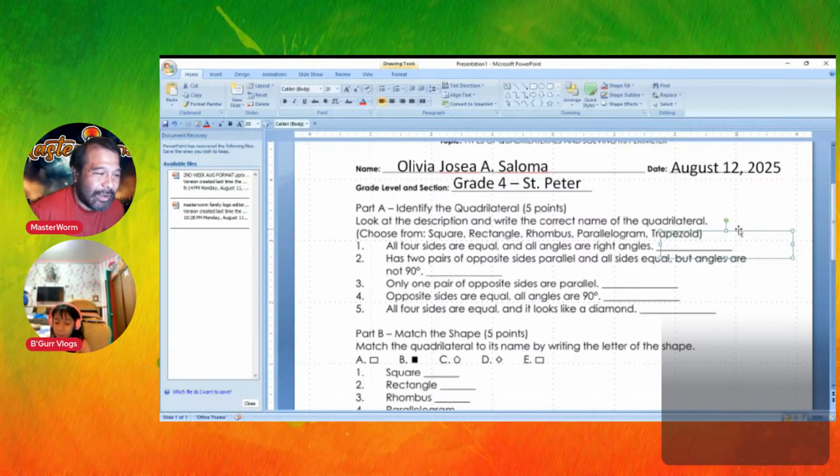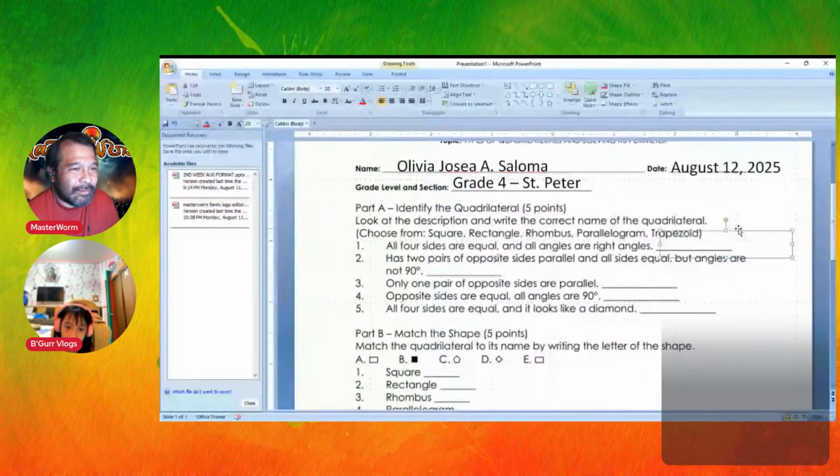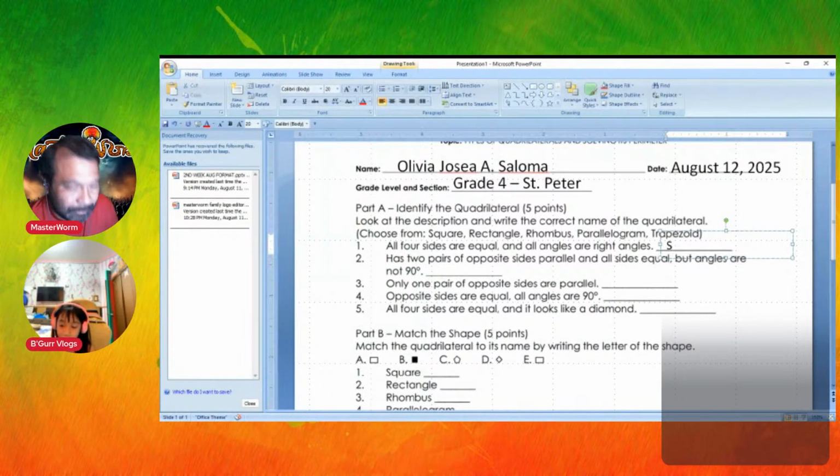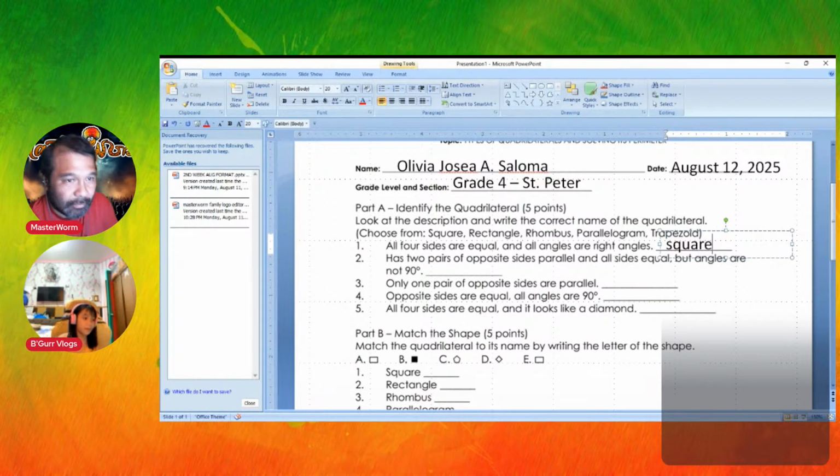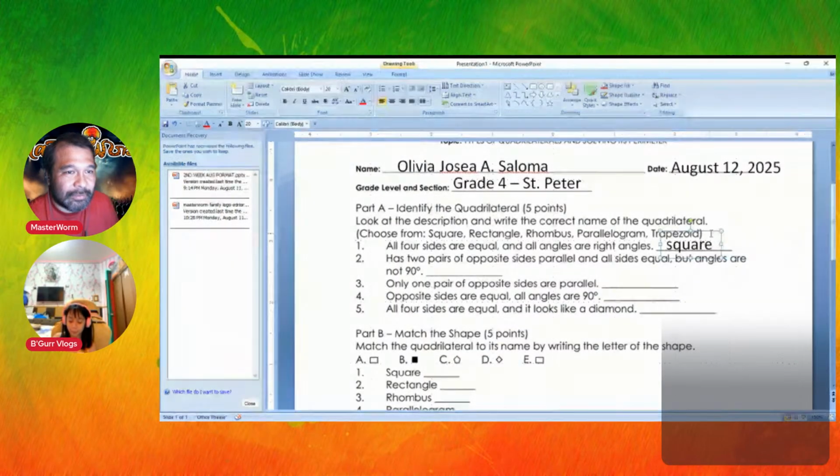It has the same angles. What is it? You choose from the options. Baby, it's a square. Okay, good. Square. Yeah, it's hard because if we don't have to draw, we have to draw it. That's why.